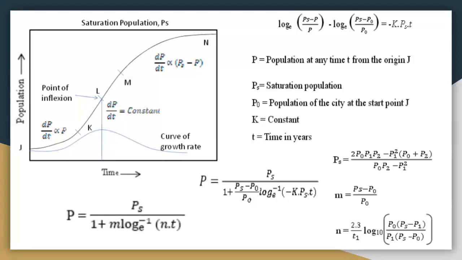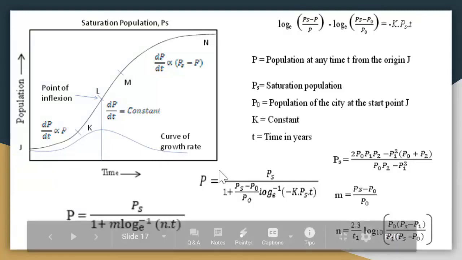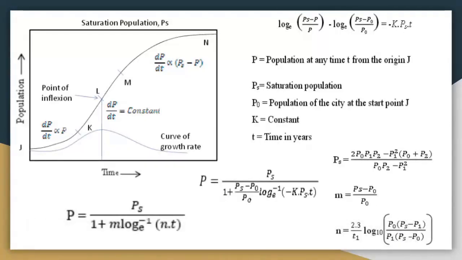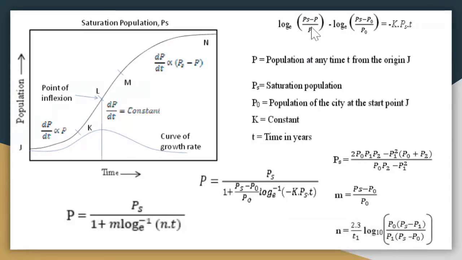And it is like an S-shaped curve, and we have to remember 4 equations for calculating population in the logistic curve method. Here we have an empirical formula, that is log to the base e (Ps minus P) divided by P, into log to the base e (Ps minus P0) by P0, is equal to minus K into Ps into T, where P is the population at any time T from the origin, that we have to find out.